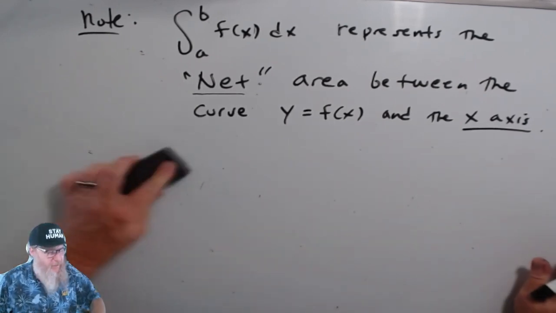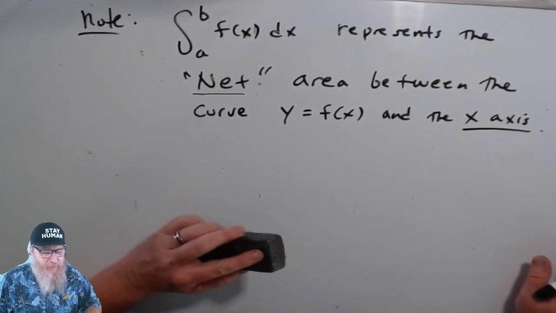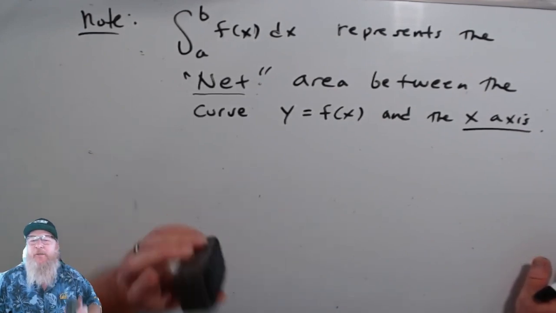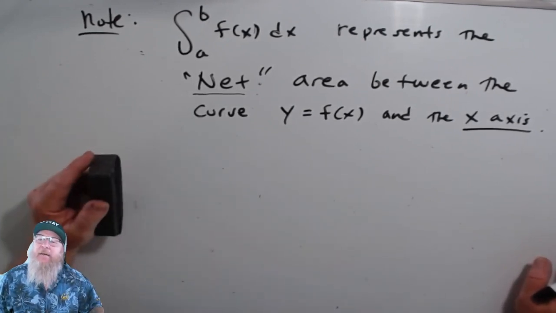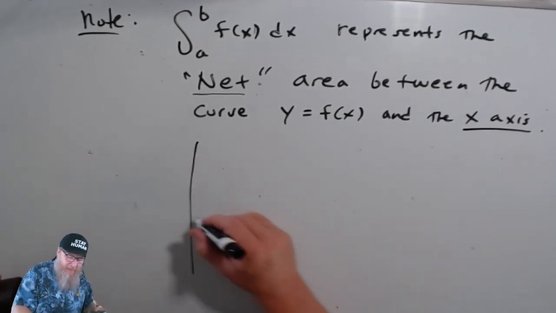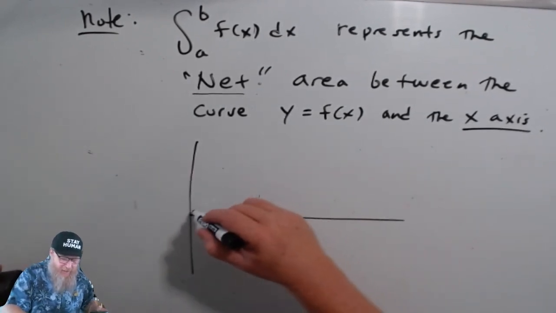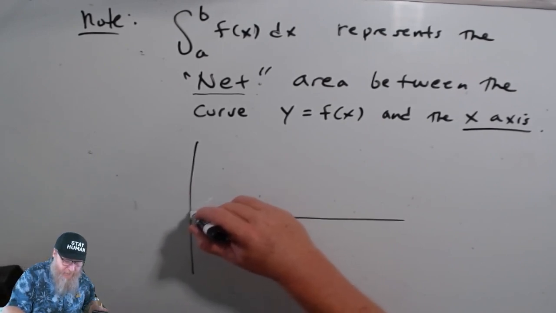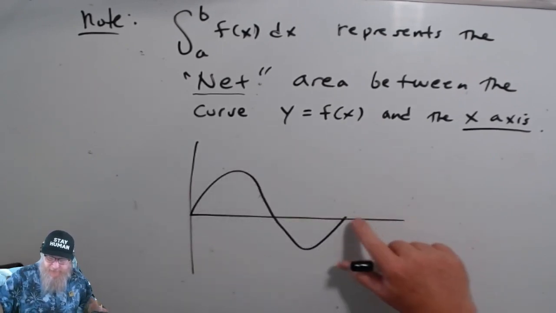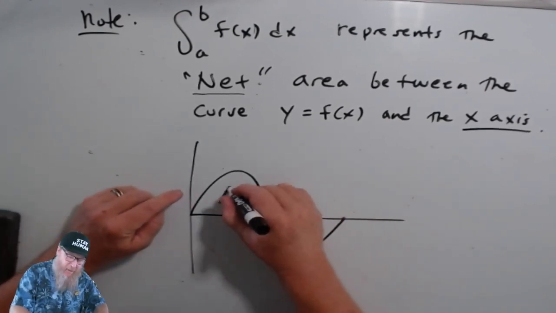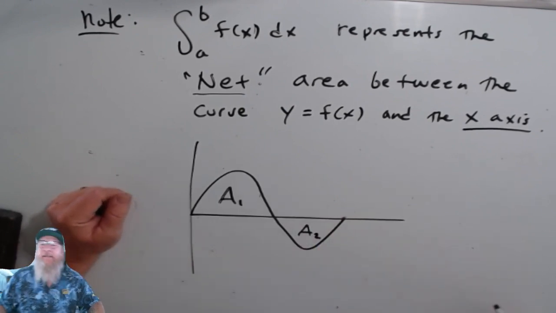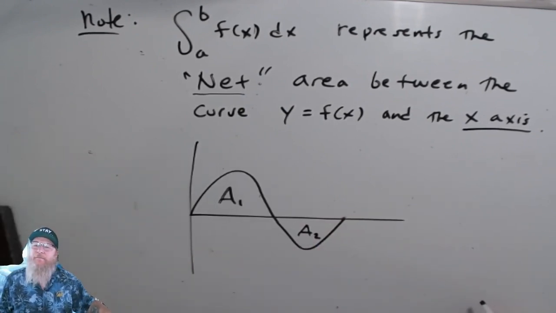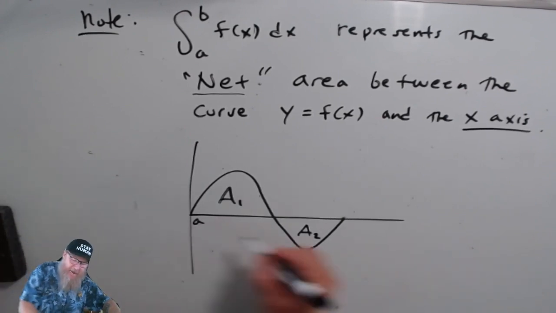So one way to do an example that illustrates the difference between area and net area is to think about it like money, right? So if you had some area that was above the x-axis, we'll call this A1, and then some area that's below the x-axis, we'll call that A2, and then this is a and this is b.